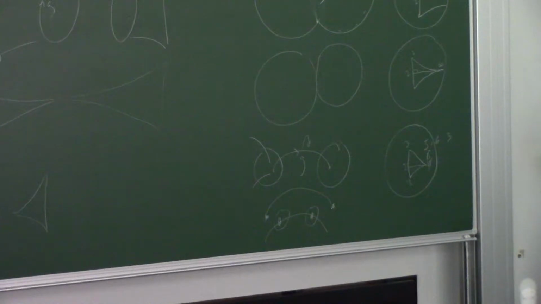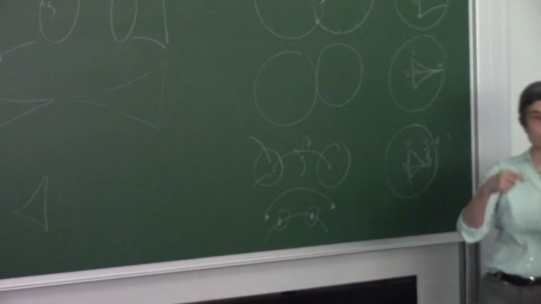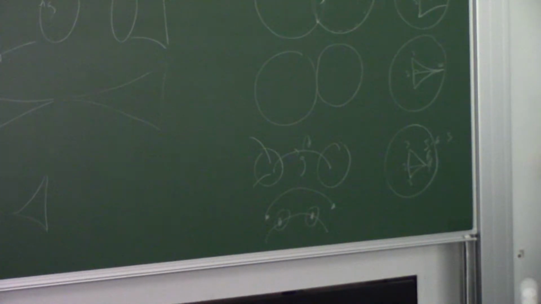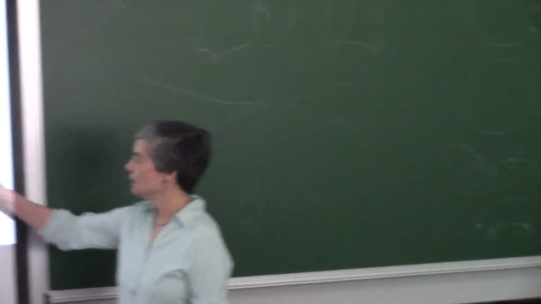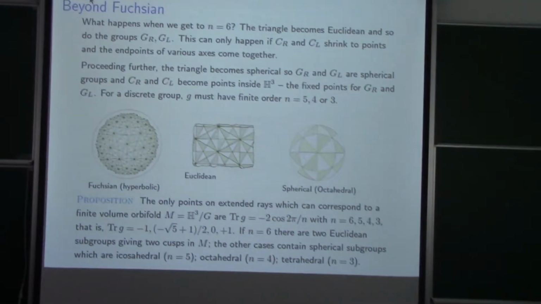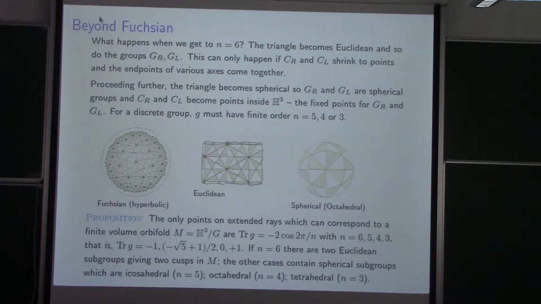And so you can have a spherical subgroup with some singular axes meeting inside a hyperbolic group. And so you get this proposition that tells you if you want a hope of finite volume, on one of these rays, you must either be in the 6, 5, 4, or 3 cases, like that.